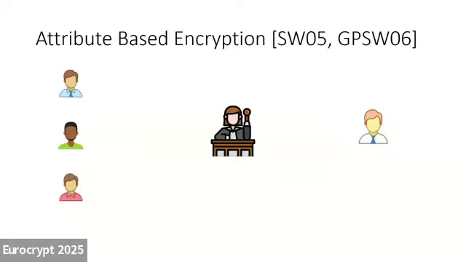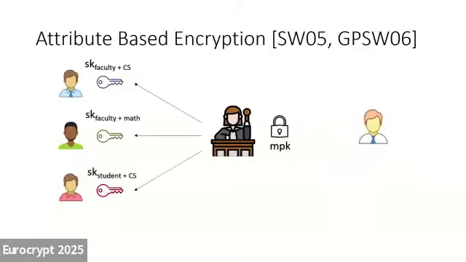We can start by talking about the notion of attribute-based encryption. This is a generalization of public key encryption where there's a master public key, but also potentially many individual secret keys.